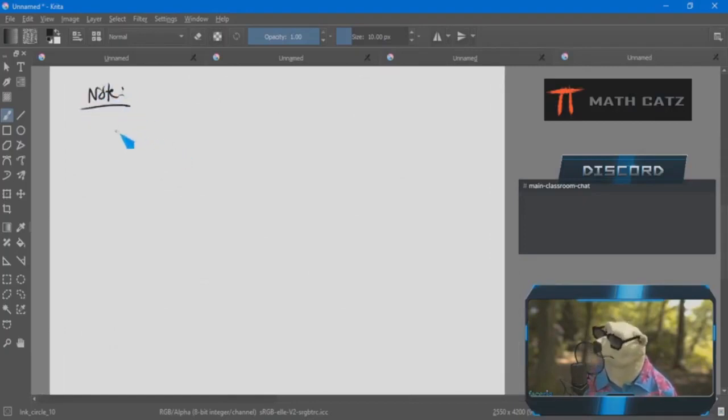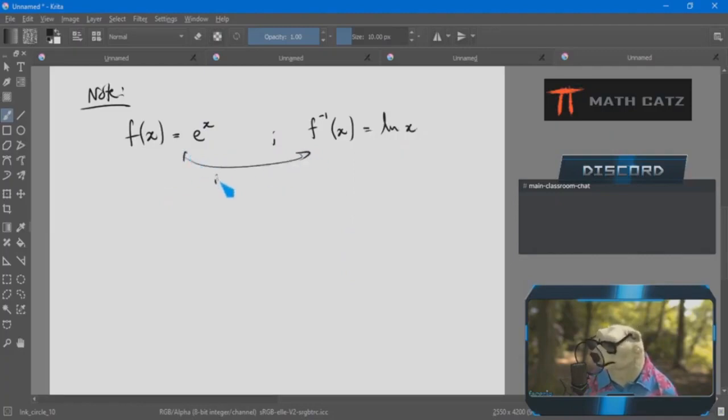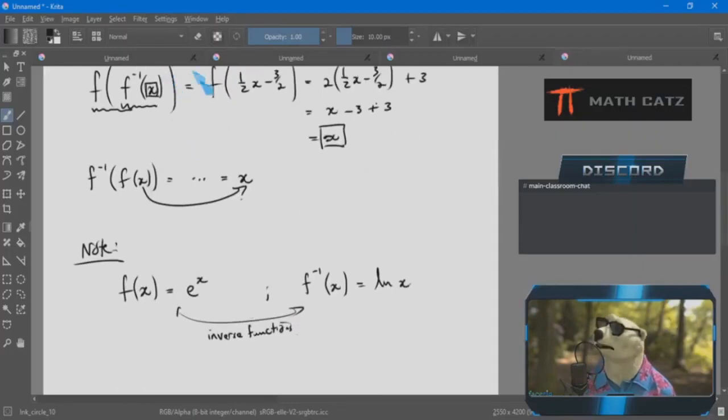Something that's very important is understanding the link between the exponential function and its inverse, the natural logarithmic function. They are inverses of each other. That's where they came from. Inverse functions, which means this cancellation property is true.